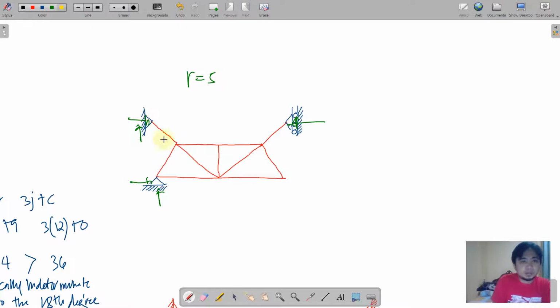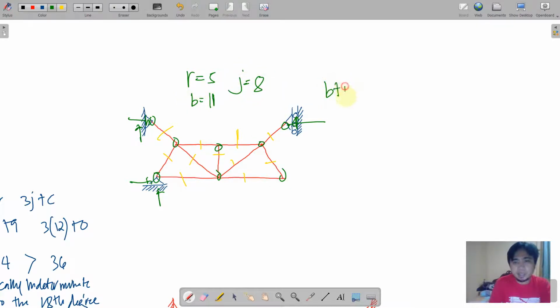Okay, so for the number of bars, 1, 2, 3, 4, 5, 6, 7, 8, 9, 10, 11. So there will be 11 bar members. And for the joints, we have 1, 2, 3, 4, 5, 6, 7, 8. So there are 8 joints here.